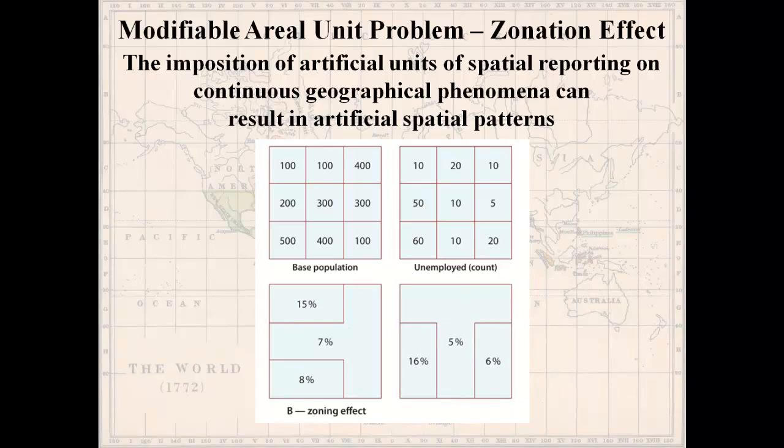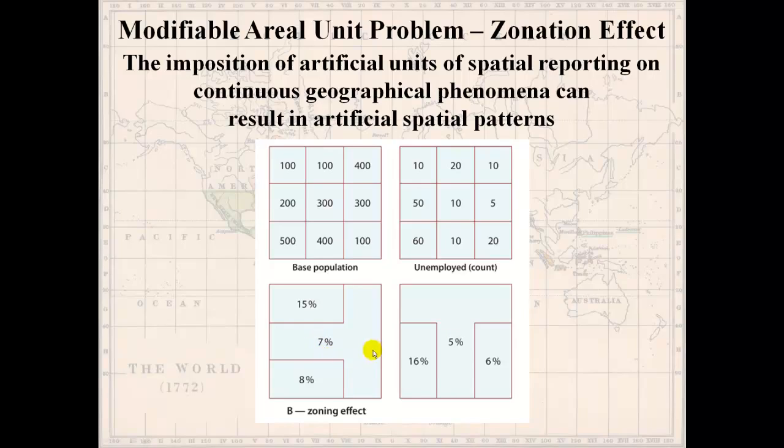Now let's do different zones. And look at here. When we do different zones, we have 5% unemployed in this zone, 6 over here, and 16 over here. So if we were to attribute everything over here to the entire unit, we'd say, well, it's probably about 15% unemployment. But if we were to attribute that same space using this shape, we'd say 5% unemployment. So depending upon the shape of the enumeration units, you can get different answers.